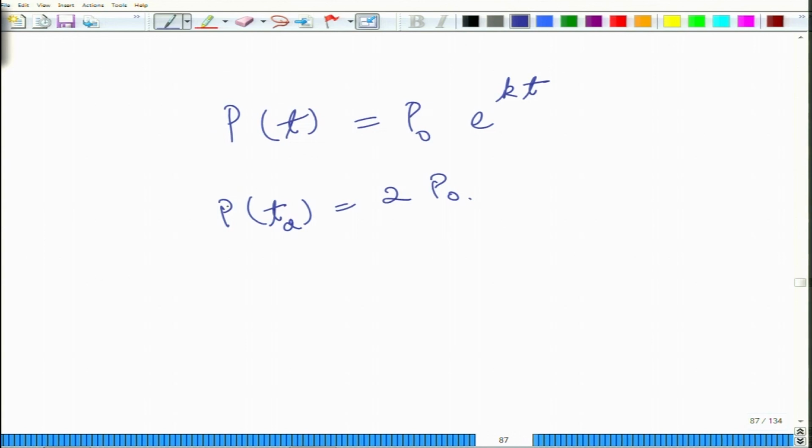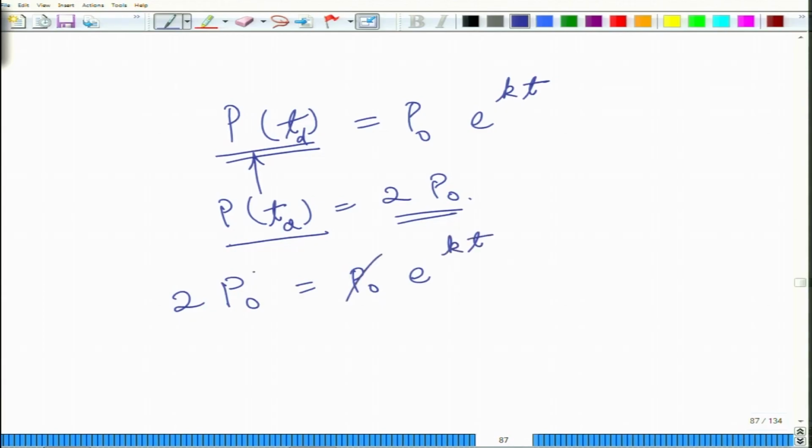So if you put this value of TD here, in place of P t you put P TD, and you have twice P0 is equal to P0 into e to the power of kt. Now cancelling out the P0 and taking natural logarithm on both sides, you will have log of 2 is equal to k times t, and in this case you have TD because this is the doubling time, or we can say that TD is equal to 1 by k log 2.